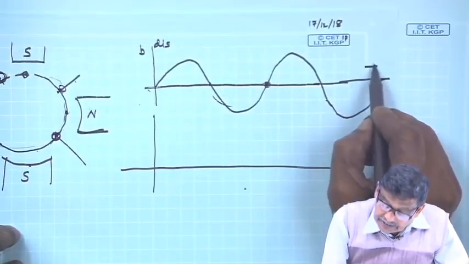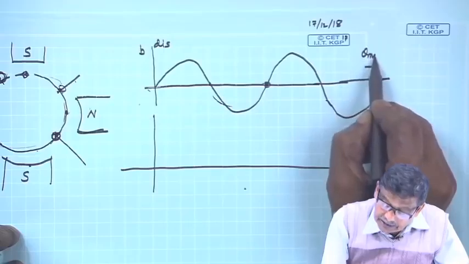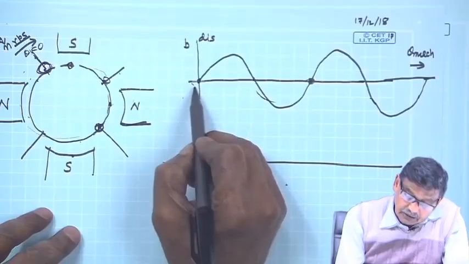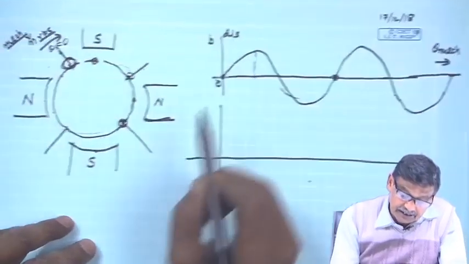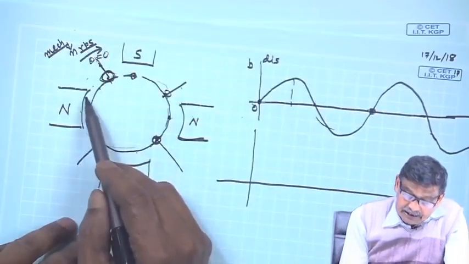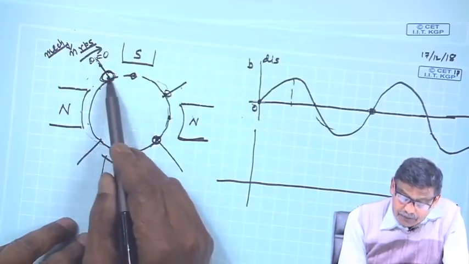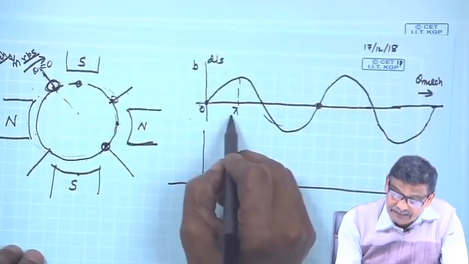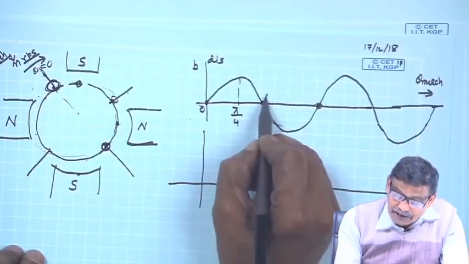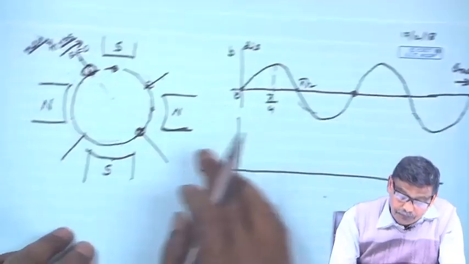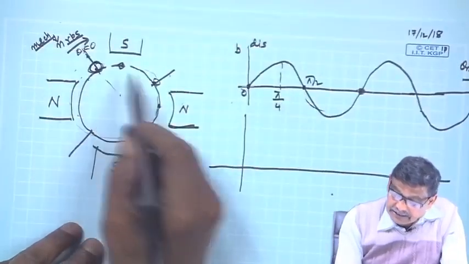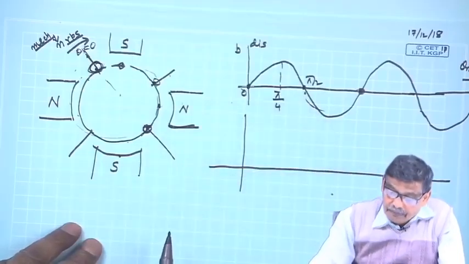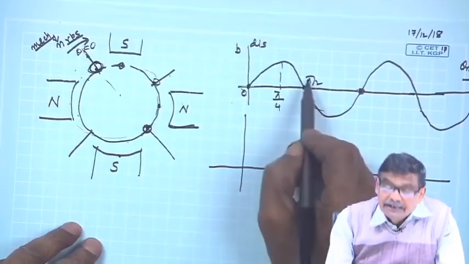If I sketch this as theta mechanical, B distribution, then what should I write? Theta equal to 0 here. Here how much should I write? B was 0 here, you have moved only 45 degree, this is pi by 4 under this heading, is it not? This is pi by 2, you have only moved by 90 mechanical degree and got pi by 2, not pi.